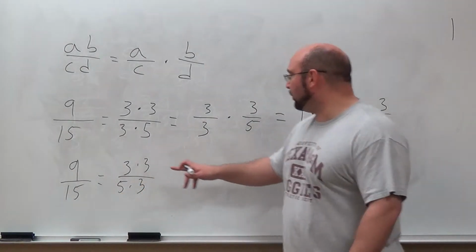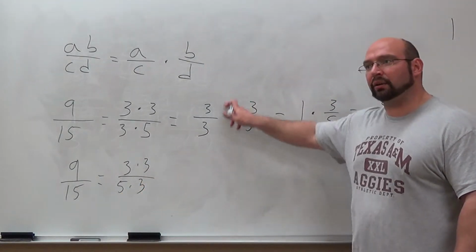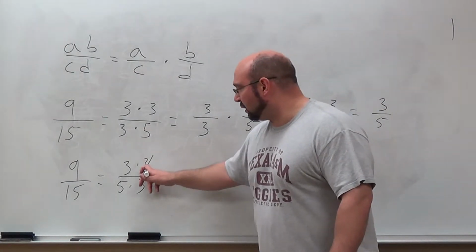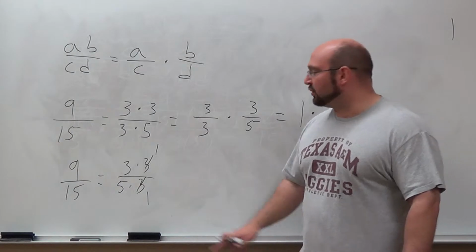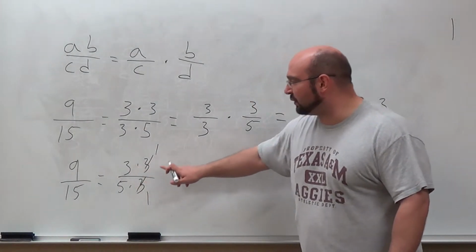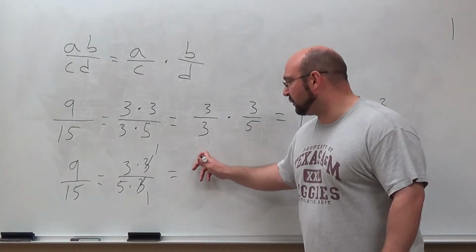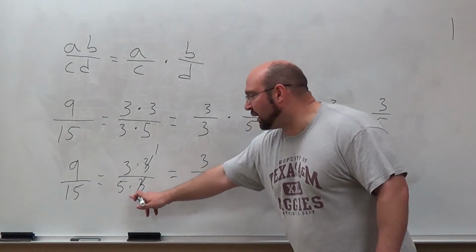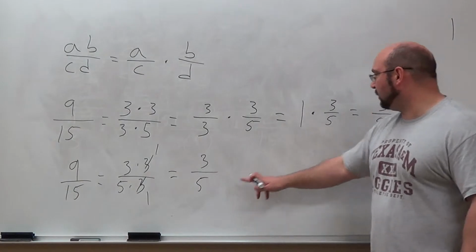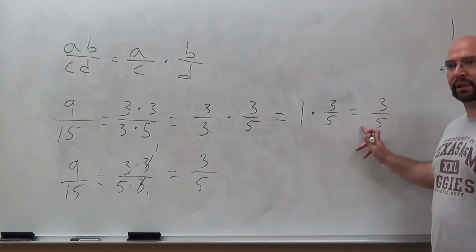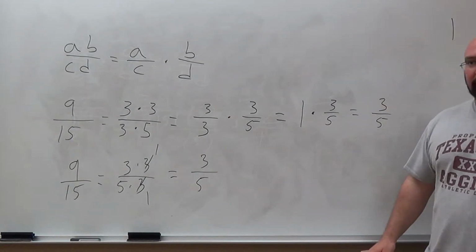So just like I reduced this to 1 here, this and this will reduce to 1, right? So we know that 3 times my 1 is 3. 5 times my 1 is 5. So I still end up with my 3/5. Is everybody with me on that?